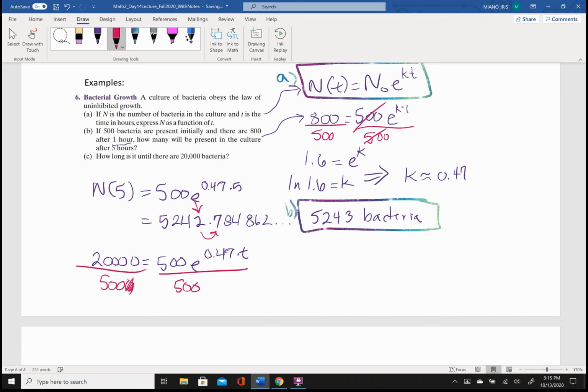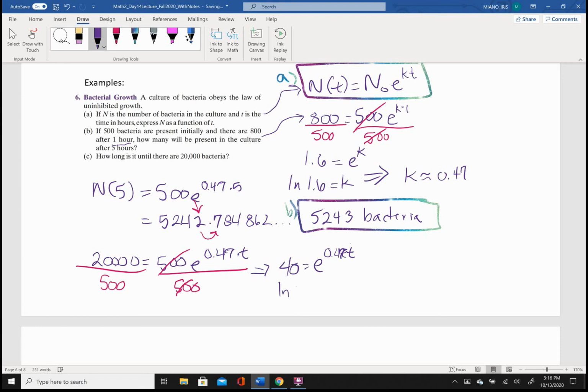Oops, 500, not 5,000. My bad, get rid of that. Okie dokie. We're going to have this equals, what, 40? Okay, so that'll be 40 equals e to the 0.47t. So we're going to take the natural log of both sides. It's one way that you can think of it. And then we'll have to divide both sides by that 0.47.